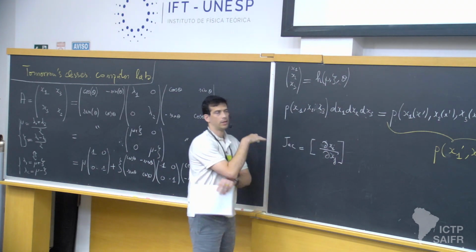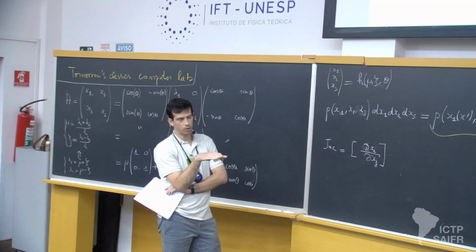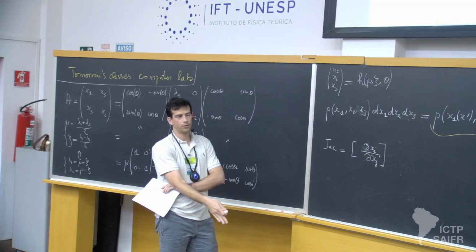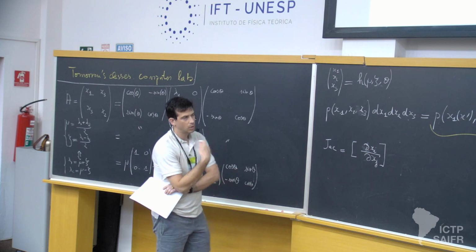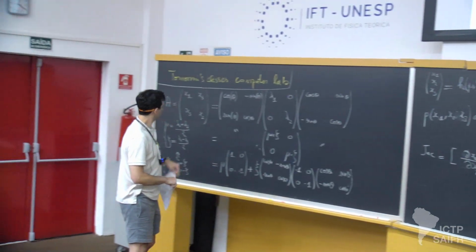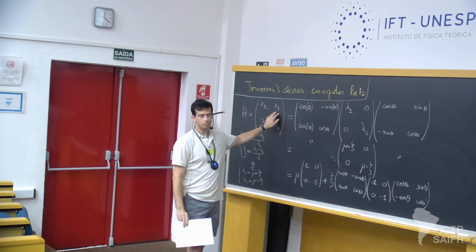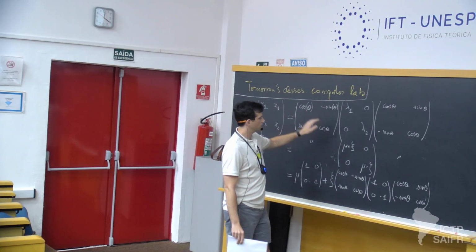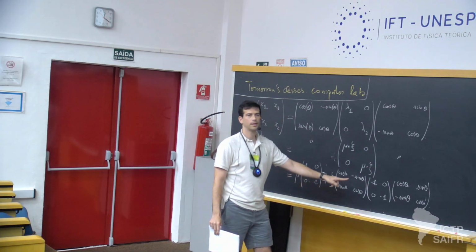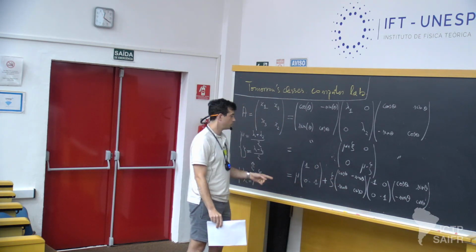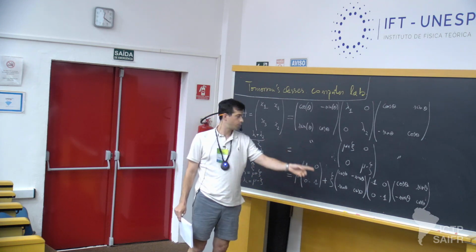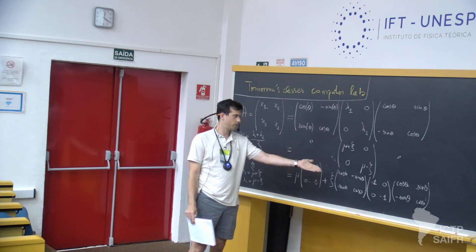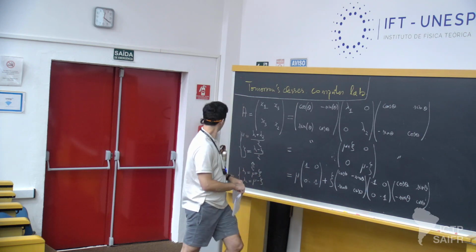So in each line you're looking at one of the old variables, and in each column you differentiate by one of the new variables. In my case, the old variables are x1, x2, x3, and the new variables are lambda, mu, and theta, right? So you just have to do this product. Fortunately, it's easy to do, maybe I should write it down.